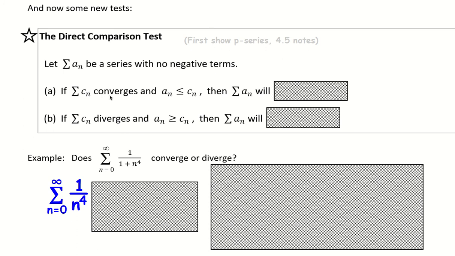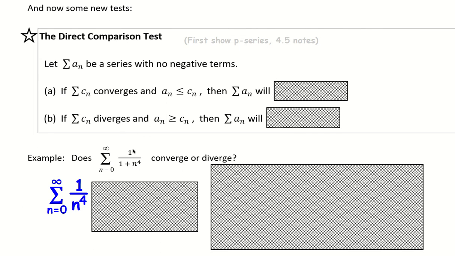If you can conclude that your series is smaller than or equal to, term by term, another series that converges, think about that.